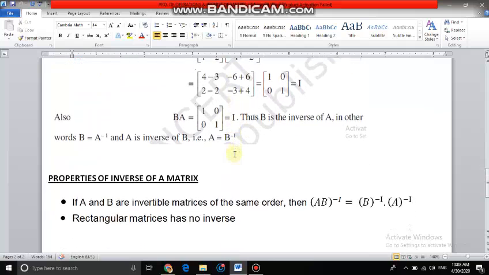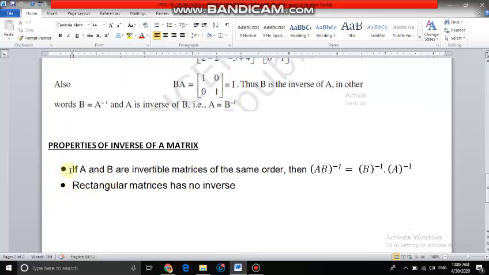So there are two properties for the inverse of matrices. If A and B are invertible matrices of the same order, then (AB) whole inverse. First of all, A is an invertible matrix, B is also an invertible matrix. Here it need not be that A is the inverse of B or B is the inverse of A. That need not be. A has some inverse matrix and B has a different inverse matrix.